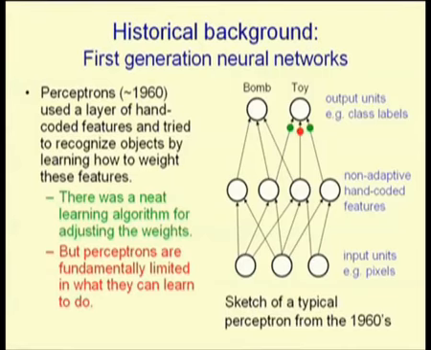And then you learned weights connecting your features to decision units, and there was a very nice guarantee that if you did things in a simple way, you were guaranteed to find a set of weights that would always make the right choice if any such set of weights existed. And the problem was, in an architecture this simple, for complicated problems, there'd typically be no set of weights that could do the job, so the guarantee was rather vacuous. Nevertheless, people like Google use this kind of algorithm a lot on big data sets.